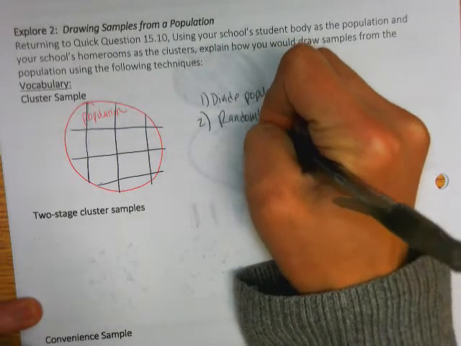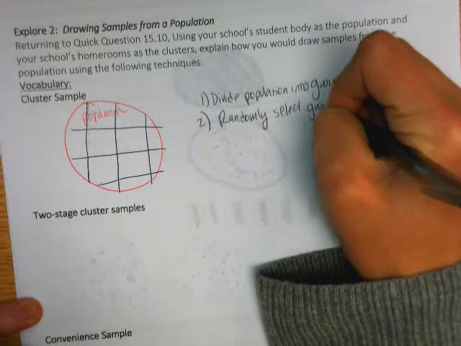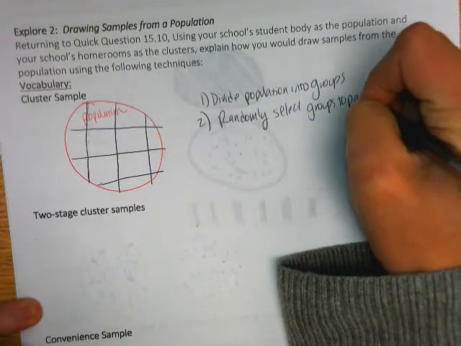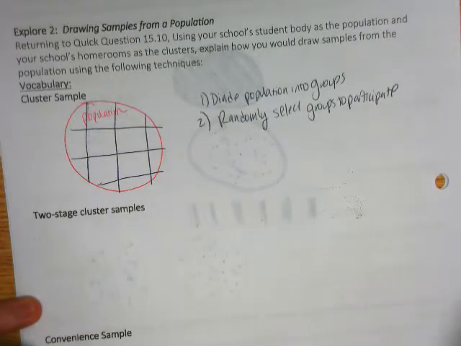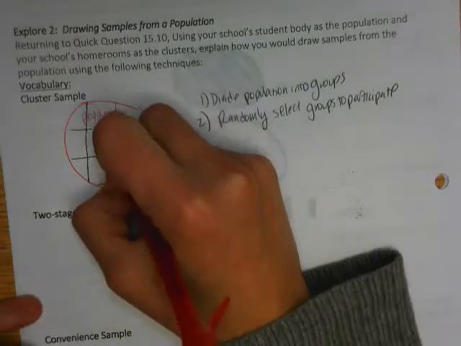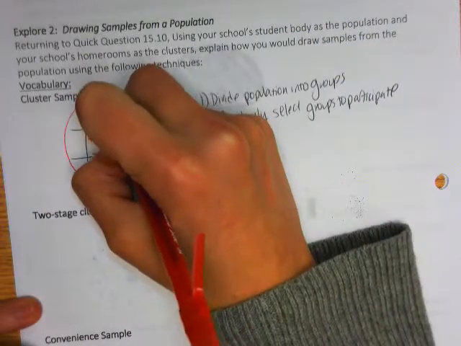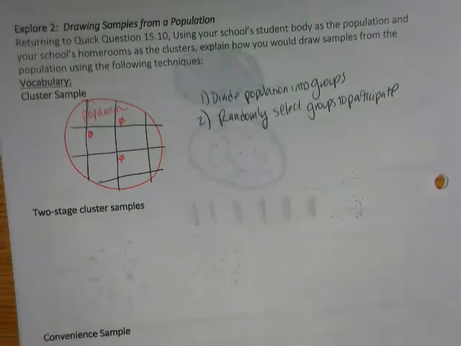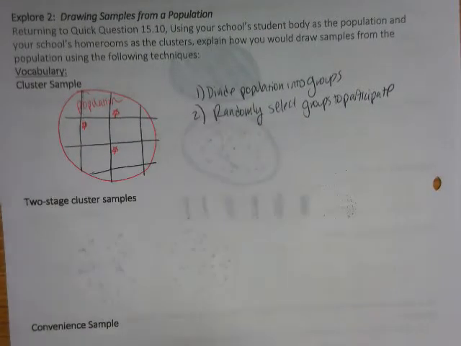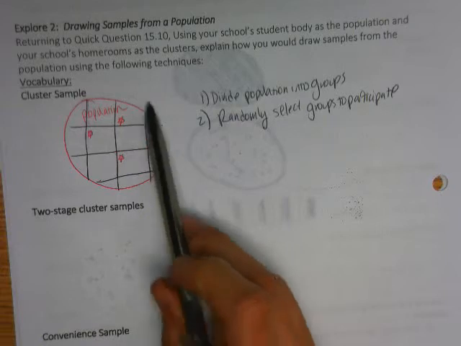Your second step, randomly select groups to participate. Okay, so I'm going to put a star. I'm going to only pick this one and this one and this one. How about those are the 3 that I want to participate? I'm not doing all of the groups. I'm only doing some of the groups.